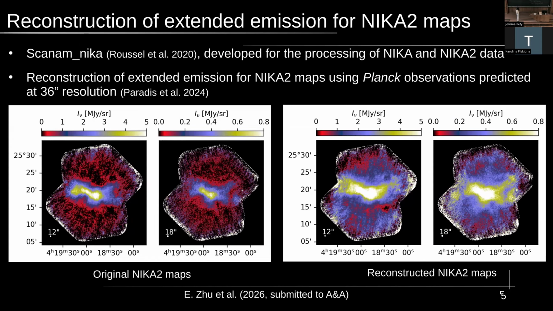And then we reconstruct this extended emission by using the Planck observations, which are predicted at 36 arcsecond resolution with machine learning methods. On the figures, you can see after reconstruction, the NIKA2 images are much brighter, and these reconstructed maps are what we use in the analysis that I will present.